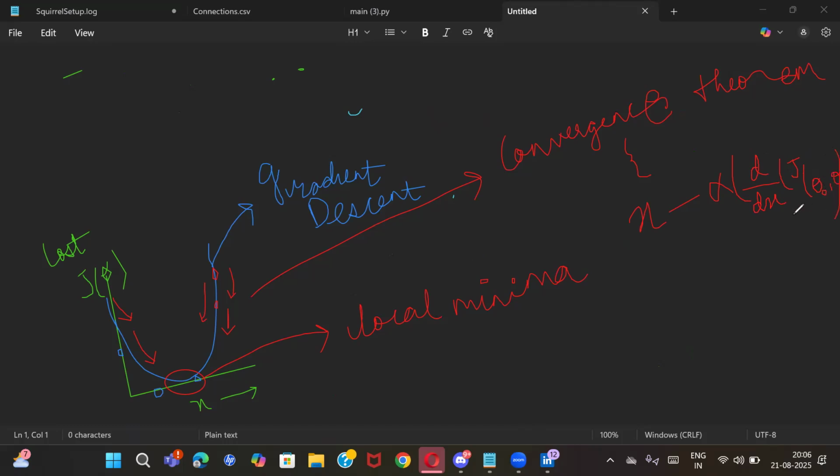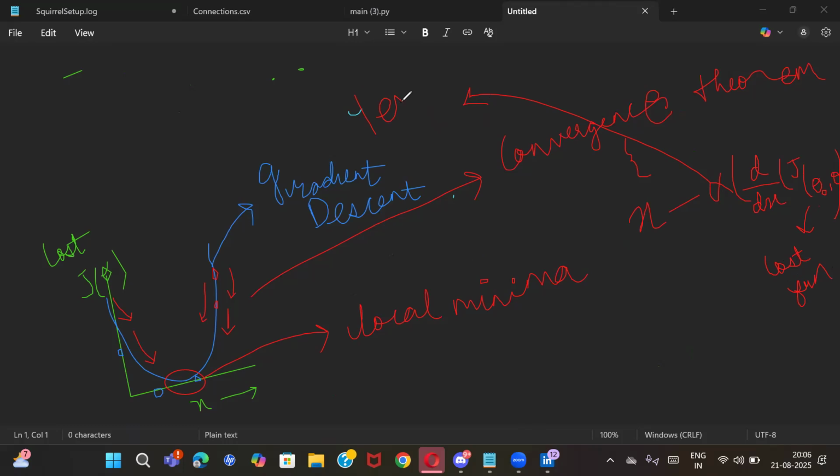And what is this? This is nothing but my cost function. And what is this alpha? Alpha is basically my learning rate.